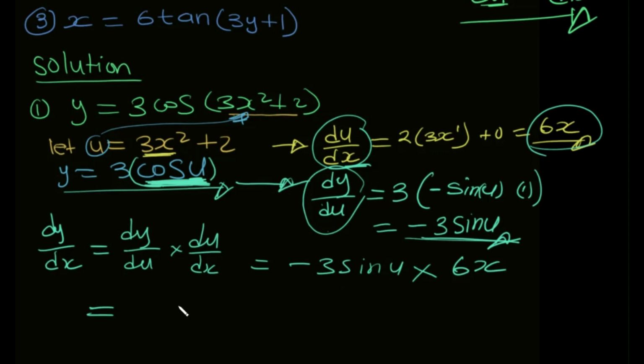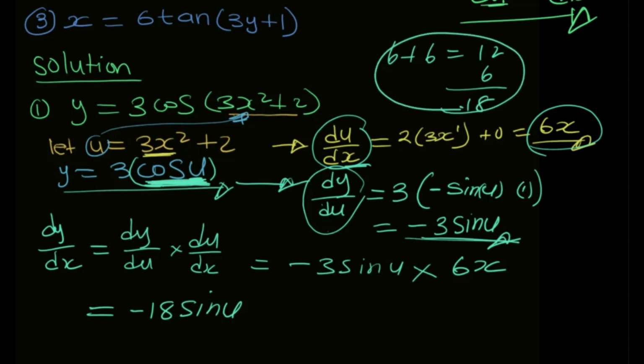So that becomes minus 18 sine u. Yes, 3 times 6 gives us 18: 6 plus 6 is 12, and then add another 6, that gives you 18.